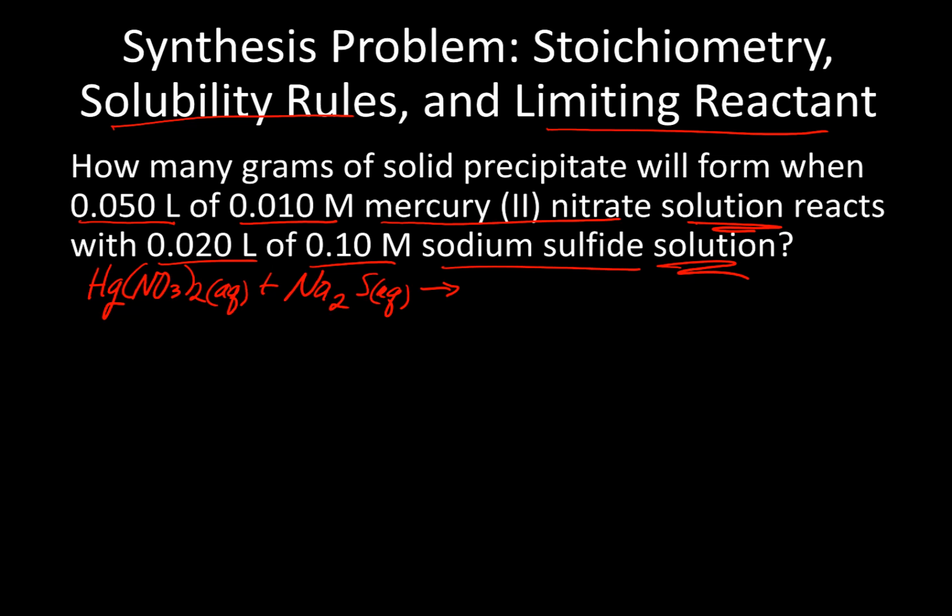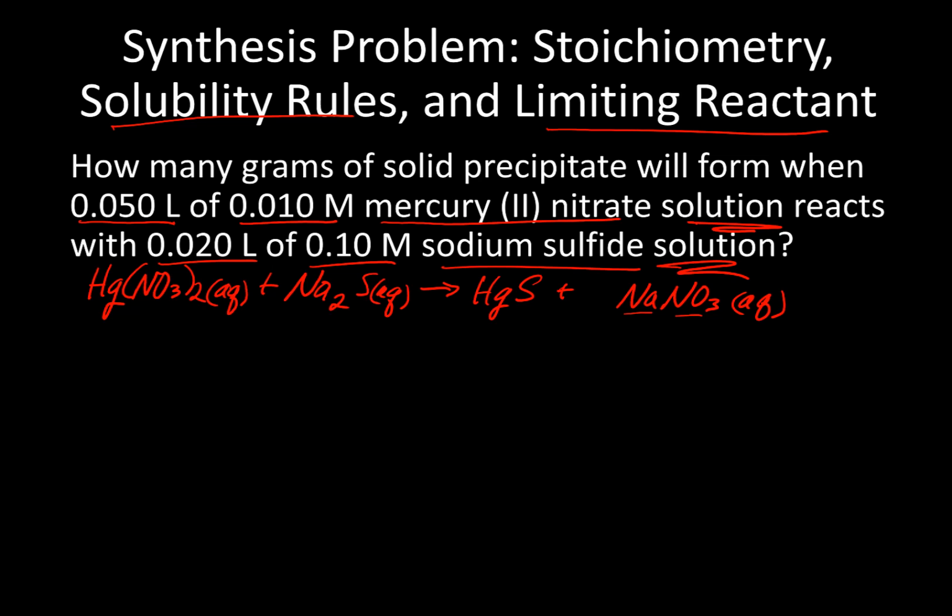And then you want to look at what forms. So you do a double displacement reaction. So that means mercury bonds with sulfide, and you get the sodium bonding with the nitrate. So if we go back to the solubility rules, you'll remember that any compound that contains sodium or nitrate is soluble. No exceptions.